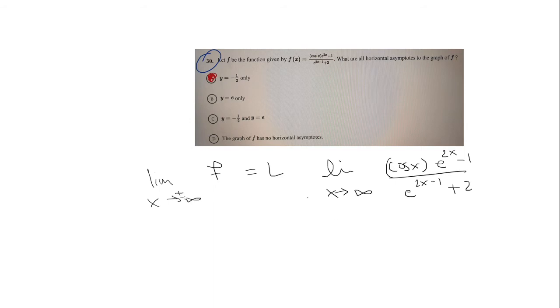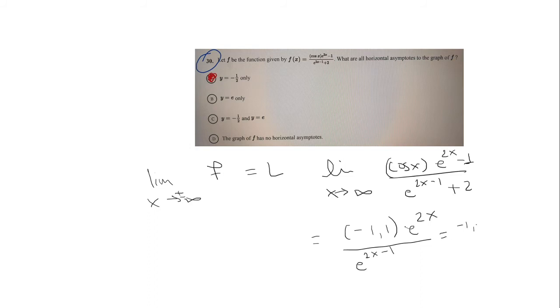Well, we know that cosine of x will always go between -1 and 1. So this is not a good notation, but this will kind of illustrate what's happening. So cosine goes between -1 and 1, and then we have e to the 2x. Then the -1 really doesn't have an effect on our graph. It's so minor that we could just throw it out. And then we'll have e to the 2x minus 1 on the bottom, and then the 2, the same thing. It doesn't really do anything.